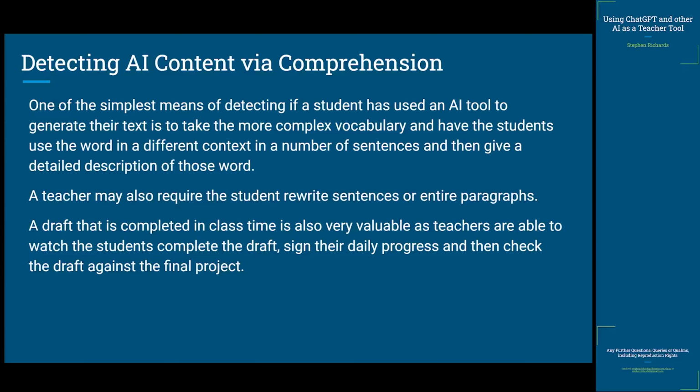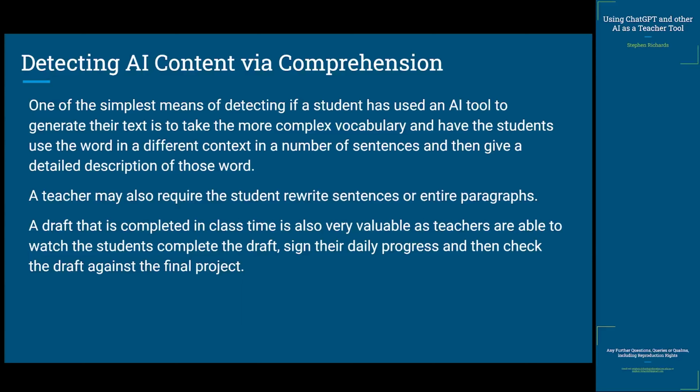And a draft is becoming more and more valuable. Like I mentioned, one of the ways I would be using a draft is by having the students do the drafting in school time and putting a signature next to where they have got up to. Then when they come back the next day and continue with their draft, they write after where your signature is, and you can again sign at the end of that.